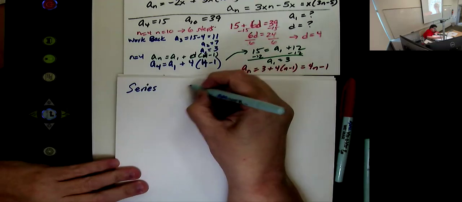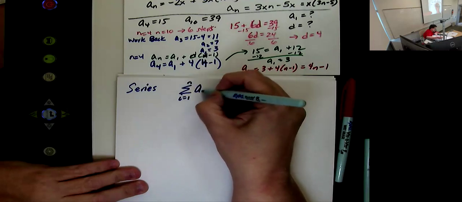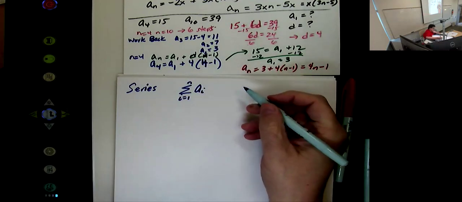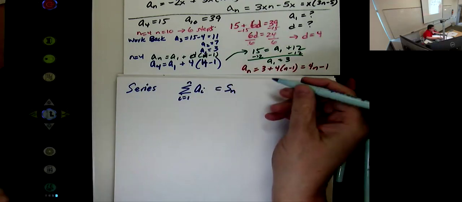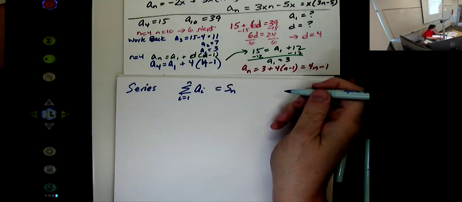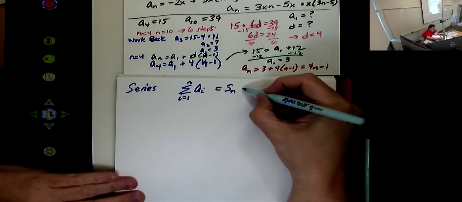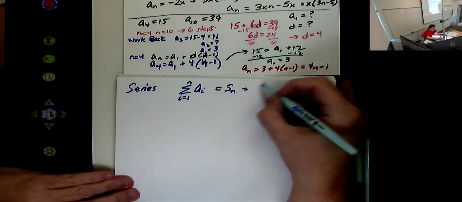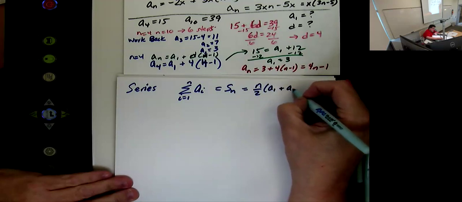So here we're adding up the a sub i. And we're going to call this S sub n. We usually call the summation with an S. This actually has a simple formula for an arithmetic series. It's n over 2 times a1 plus an.